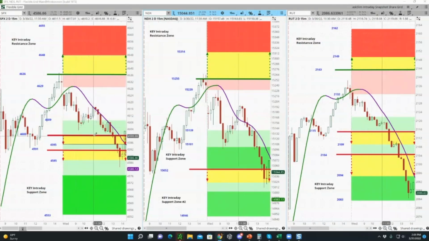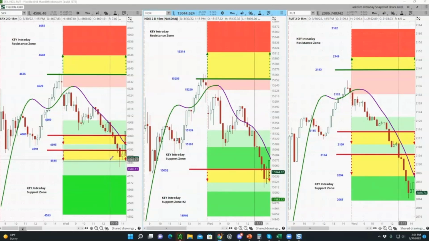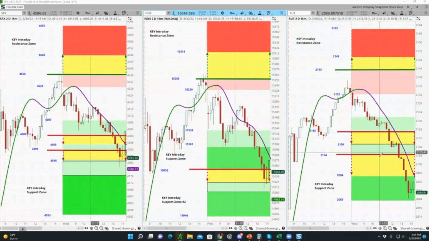Like you can see here, once we violated this 4600 level, the SPX pushed through this acceleration zone very quickly. And then again, right here, the NASDAQ did it here. And then we had the Russell do it twice when this happened on Wednesday.